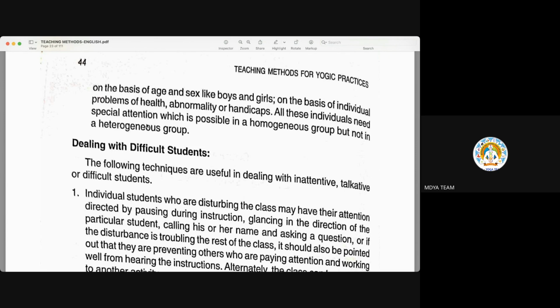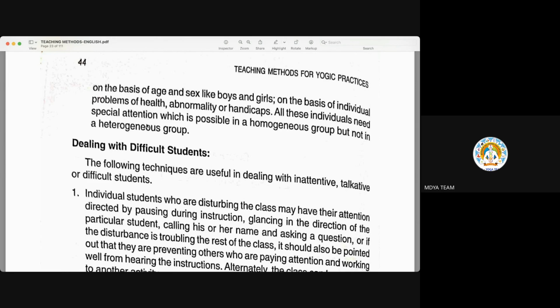You cannot keep them in some other group of regular practitioners. So that's why you have to make a homogeneous group. Homogeneous means a group where the category of the students will be the same.